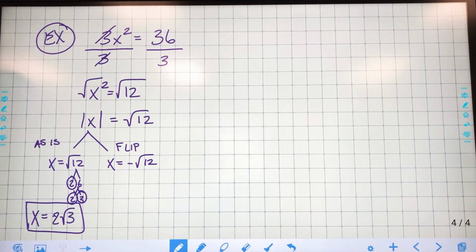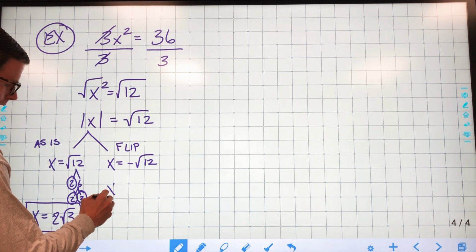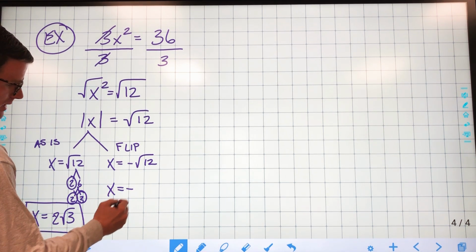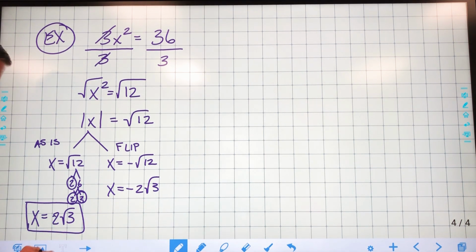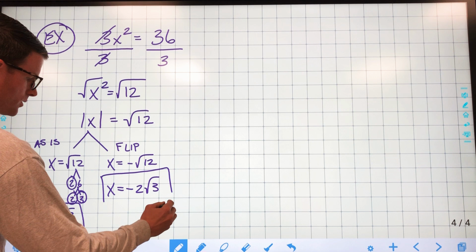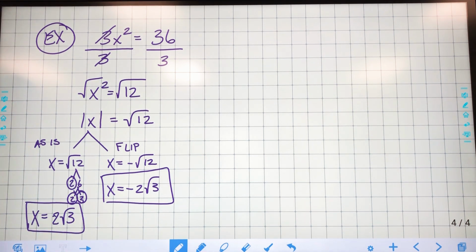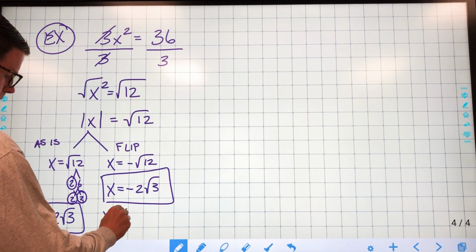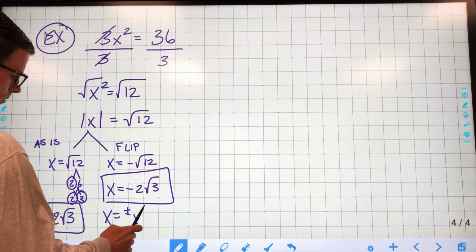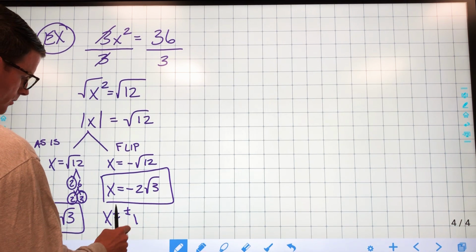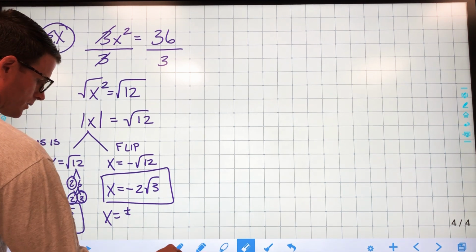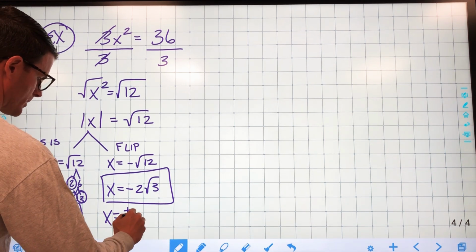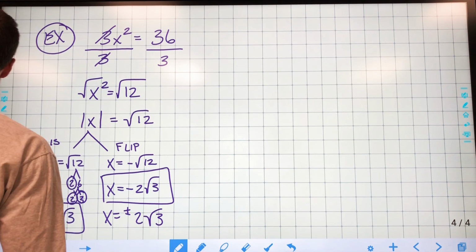All right, so since I've already figured out that root 12 equals 2 root 3, I'm going to say x equals, this side is just negative 2 root 3. All right, so those are your 2 answers for this problem. Again, I can write that as x equals plus or minus, sorry, erase. Cool. x equals plus or minus 2 root 3.